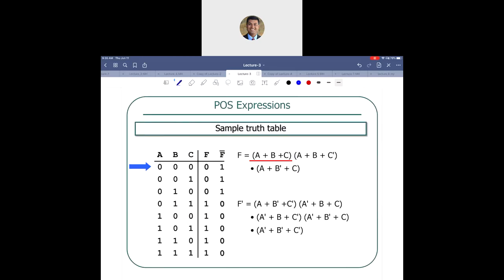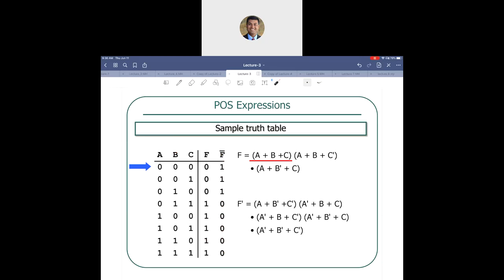Let's take a look at the product of sum expression for the same truth table. A, B, C are the three inputs. F is written the same way, so it's the same arbitrarily chosen output here. The corresponding complement of the function is also written up, so this is exactly the same as before.